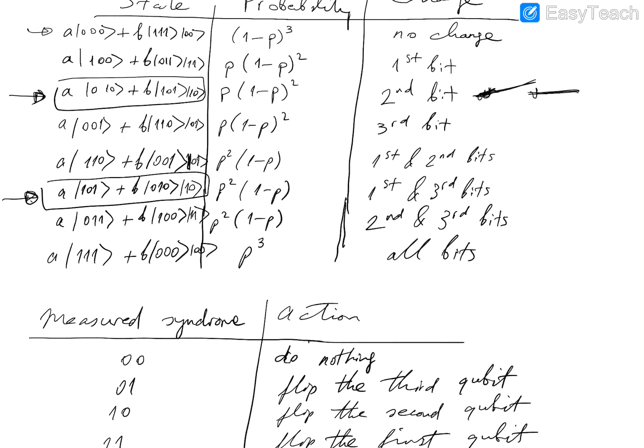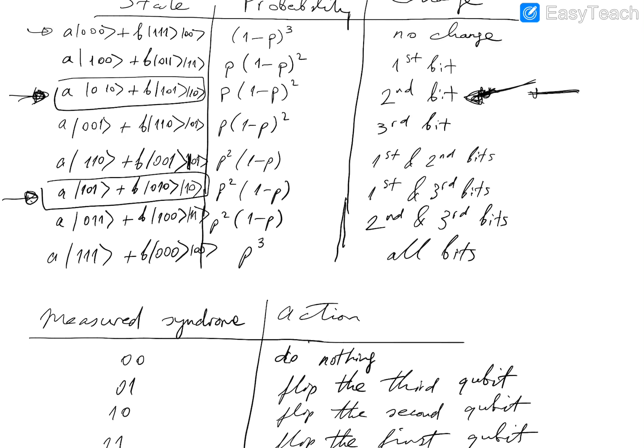Since the second qubit was changed during the transmission, and since this state is more likely to be received in the receiving end, it's more reasonable to apply this correction, applying a NOT transformation on the second qubit, rather than applying the NOT transformation on the first and third qubits.